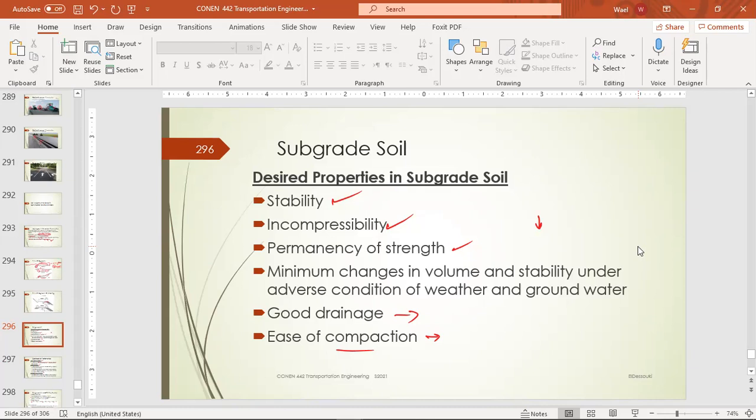Permanency of strength, that's another issue because there are some types of soil that are very strong, very good, but once they get some moisture, the whole story becomes different, like swelling clay and quicksand.